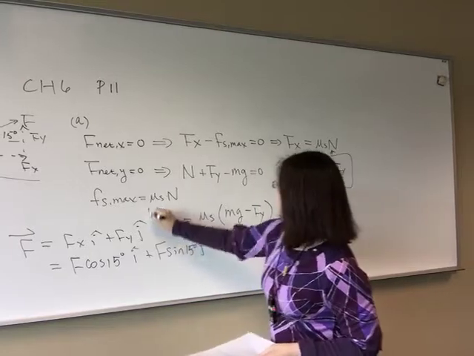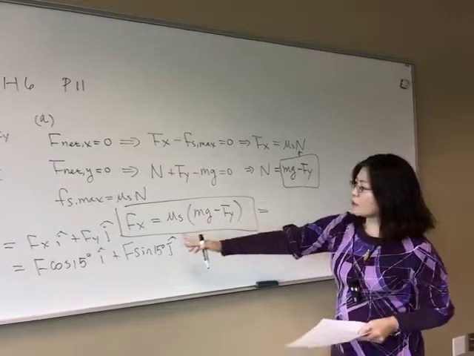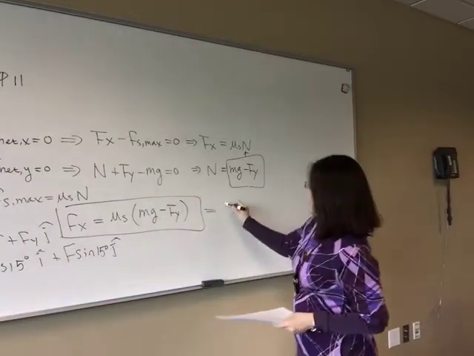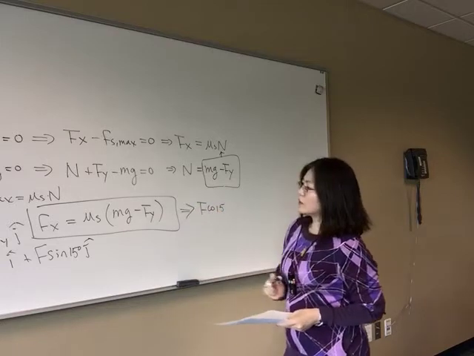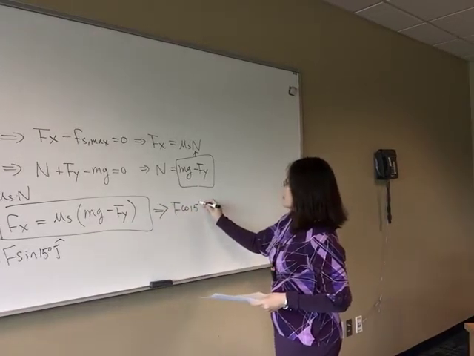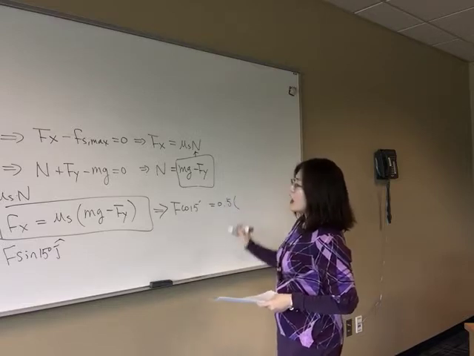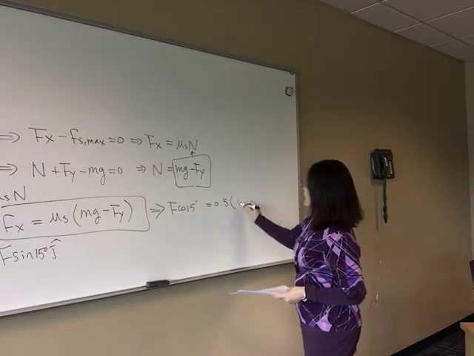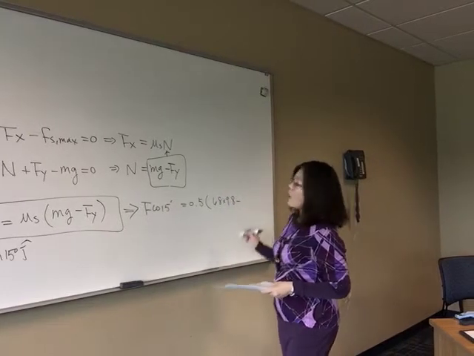So in that case, we can rearrange that. So Fx is this. You have your F cosine 15 degrees, that's equal to mu s 0.5, times mg, 68 times 9.8, and then minus your Fy.